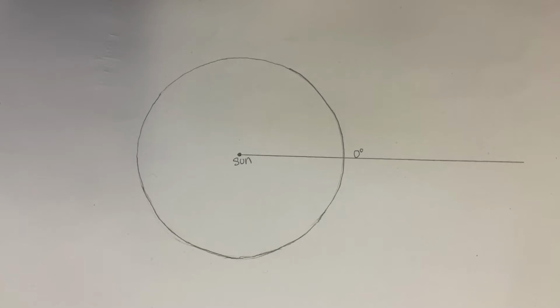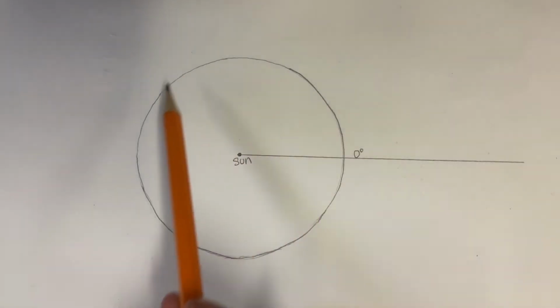Okay, so to start, look at your plotting Mars's orbit worksheet. You will find at the very bottom the data table. Under the first Mars orbit point, you have the date November 28th, 1580. On November 28th, 1580, the Earth was 66.5 degrees from the sun. So what we need to do first is plot where Earth was on its orbit.